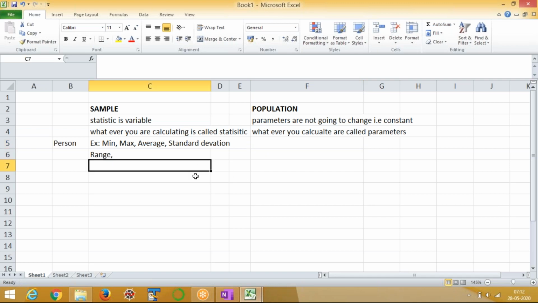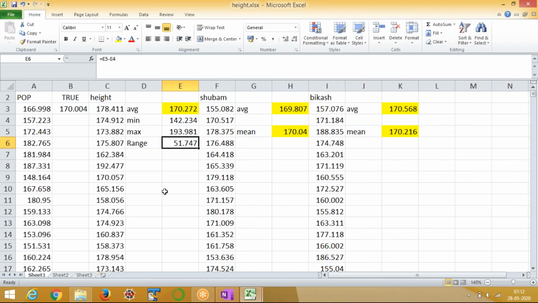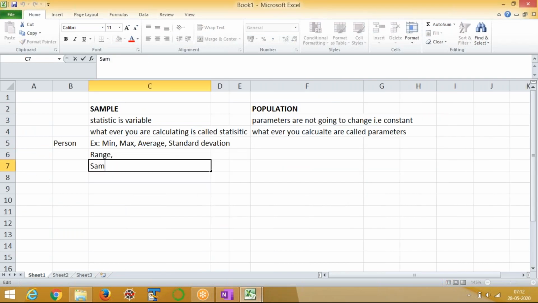parameters. Clear? Yeah. And generally, what did I calculate here? The average, the first one. If I calculate the average formula on the sample data, what is it called? Sample mean. So this sample mean is actually the average. Sample mean means average.